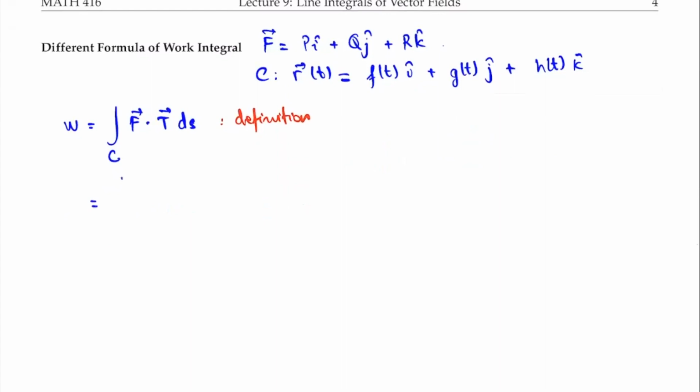Now this formula is actually also equal to F dot with dr. And this formula is called the vector differential form.